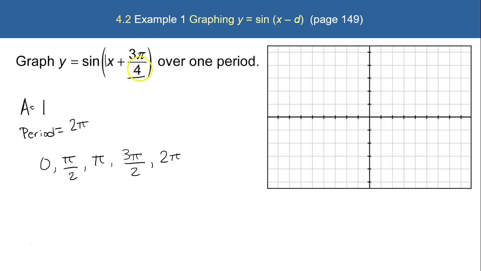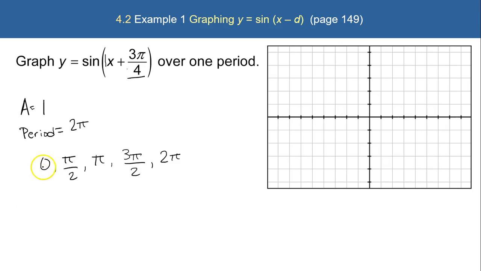And now we are going to apply our phase shift. Instead of adding 3 pi over 4 to each of these angle values here, I'm going to subtract 3 pi over 4. So whatever is here, do the opposite, okay?